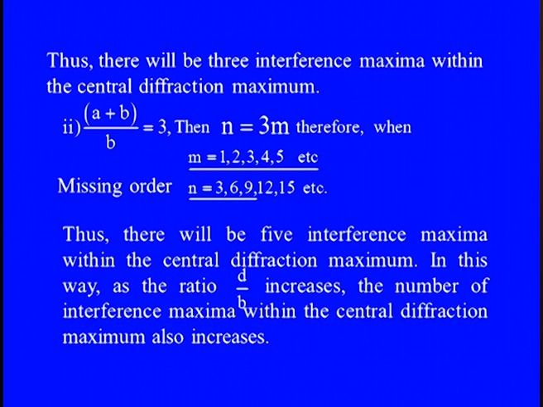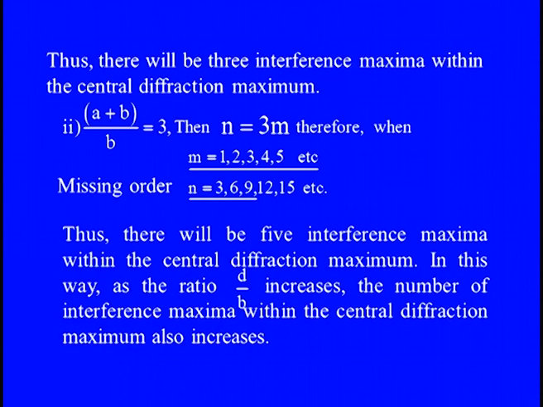Thus, there will be 3 interference maxima within the central diffraction maximum. Similarly, if (a plus b) by b is equal to 3, then n will be equal to 3 times m. Therefore, when m is equal to 1, 2, 3, 4, 5 etc., then n will be equal to 3, 6, 9, 12, 15 etc., and these values of n correspond to missing orders.